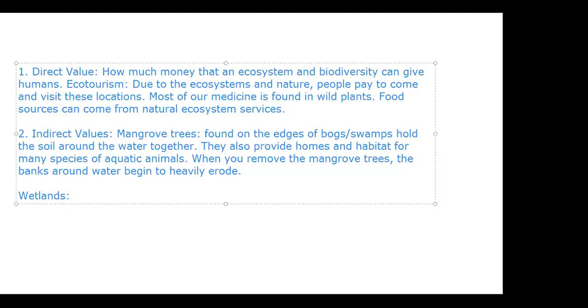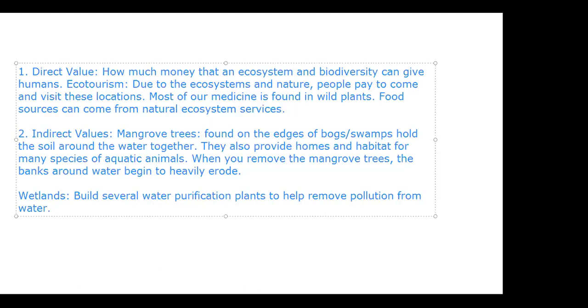Okay, they were going to build several water purification plants, plants to help remove pollution from water. Okay, and they were looking at doing this in the river that feeds into their main water system. This was going to cost billions of dollars to make.